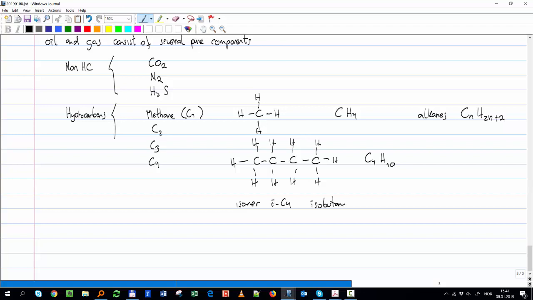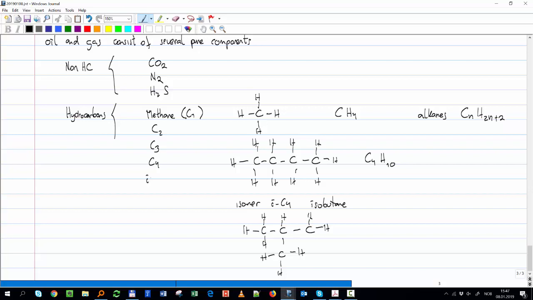Then we see C, C, C, and then we have C here. We keep exactly the same chemical formula, but we have a different compound that might have slightly different properties than simply butane, what we call normal butane.